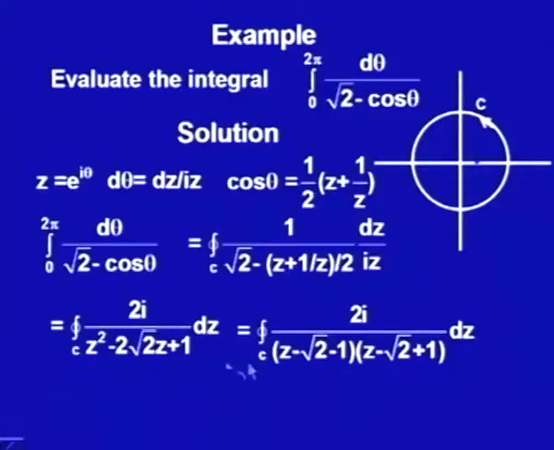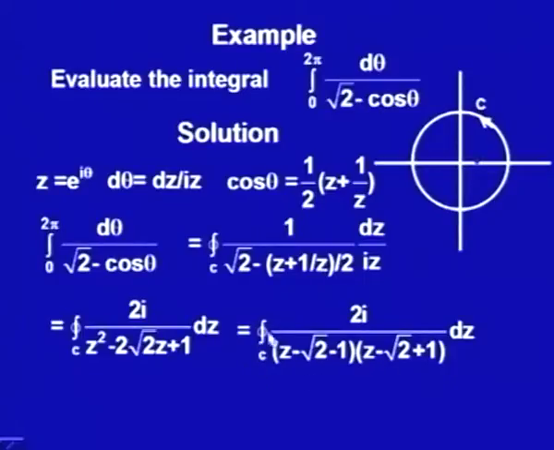Now, you see, this says that the zeros of this denominator would be at √2 + 1 and at √2 − 1. That says this integrand is a function having isolated singularities at √2 + 1 and √2 − 1.